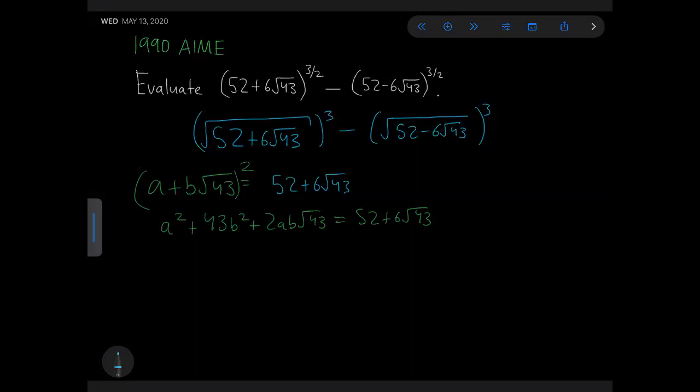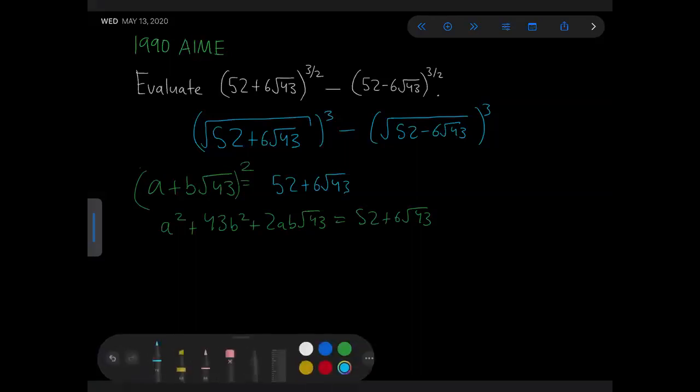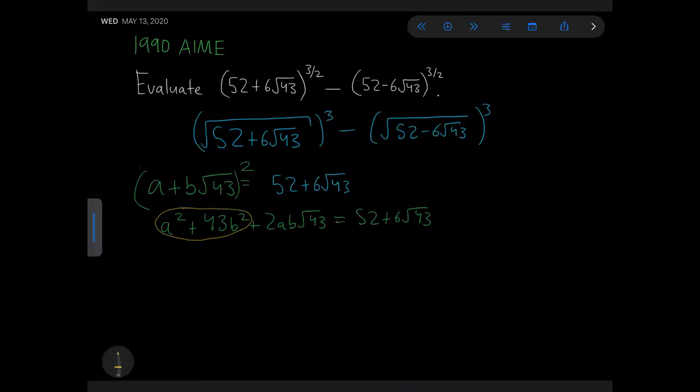So now let's look at our equation. Clearly, a squared plus 43b squared cannot be a radical. So that must match up. Let's circle this part. This part must match up to this.